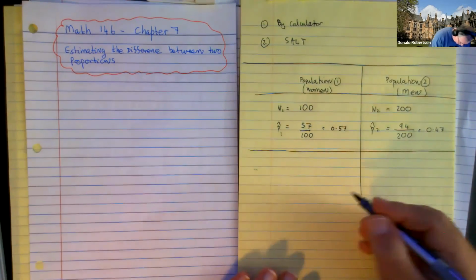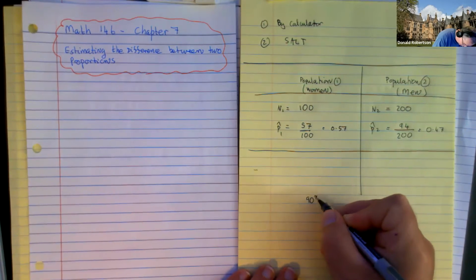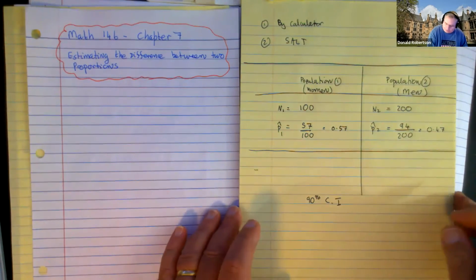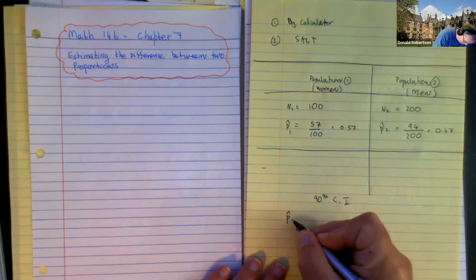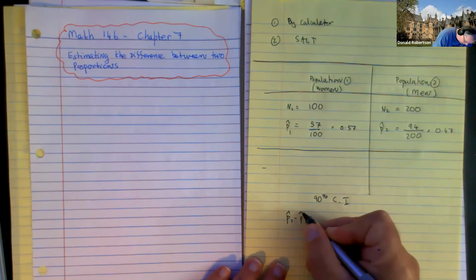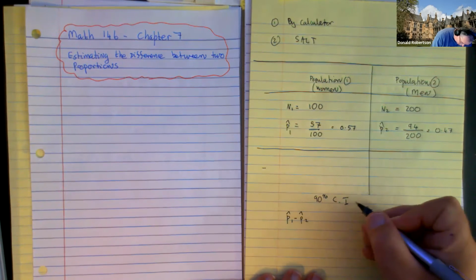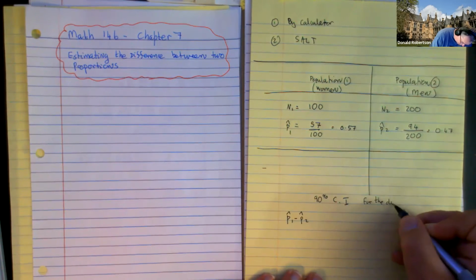And so I'm going to create a 90% confidence interval, and I'm going to show you the formula for it. P1 hat take away P2 hat. So we're going to find a 90% confidence interval for the difference between the two.